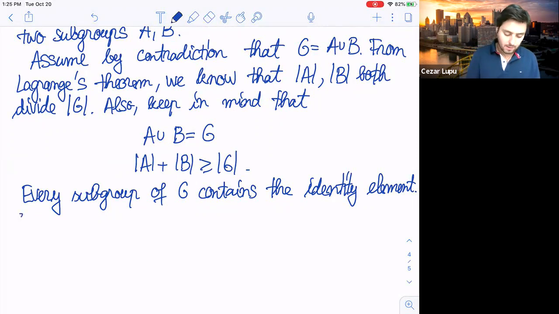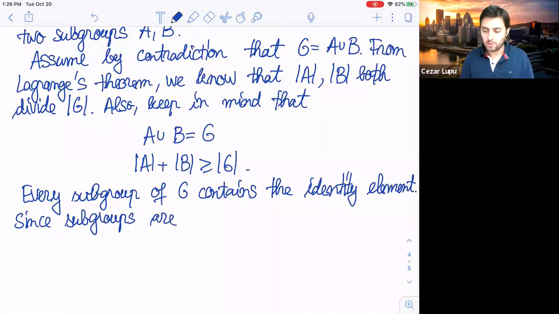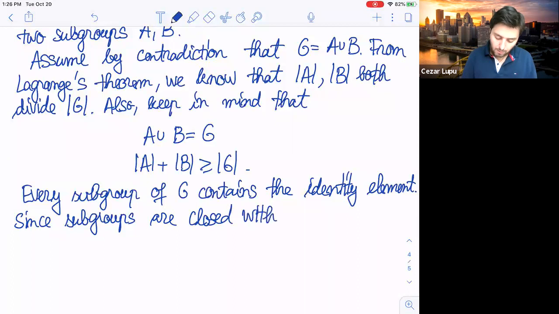But since we know that subgroups are closed with respect to inverses.